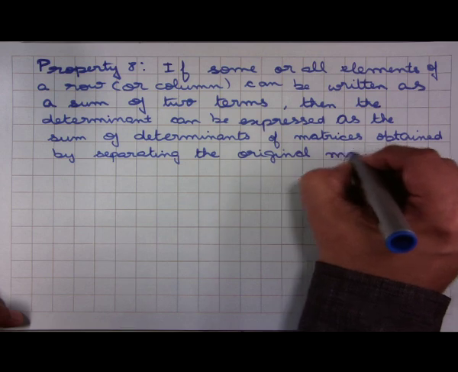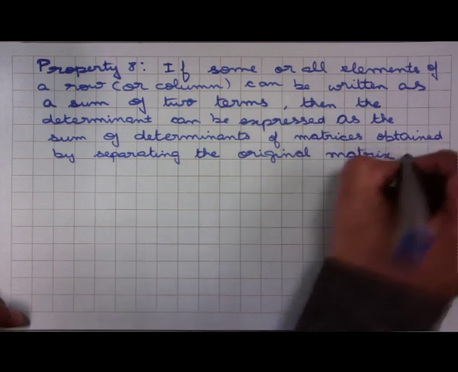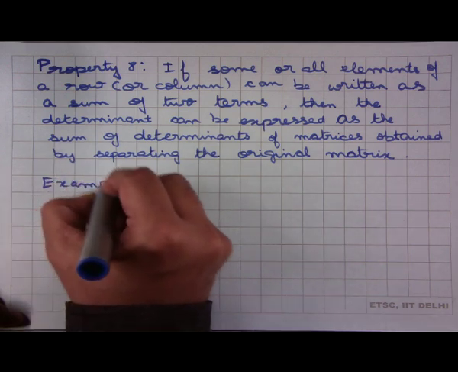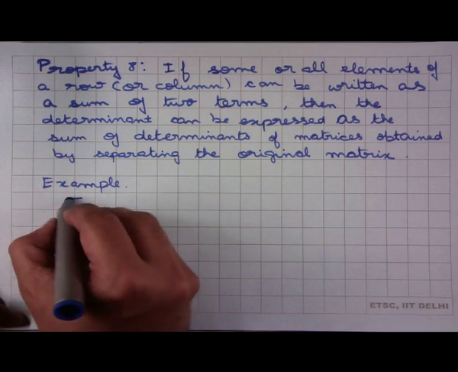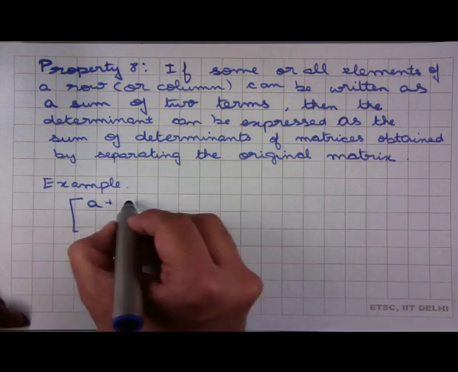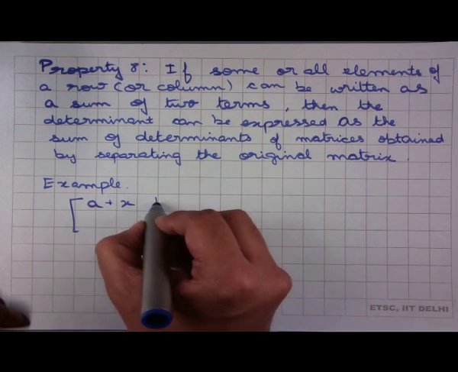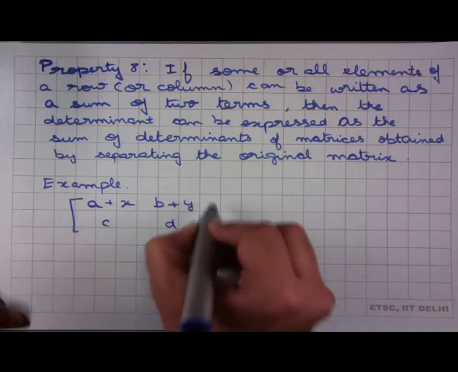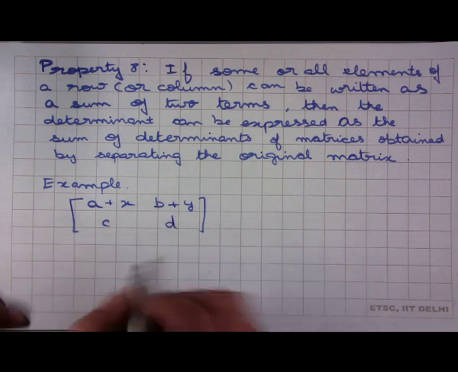What does this mean? So, let us just look again at a simple example, again a 2 by 2 example. Suppose we have a matrix A plus x, let us say, and B plus y, all right, and then C and D. So, what is the determinant of this?